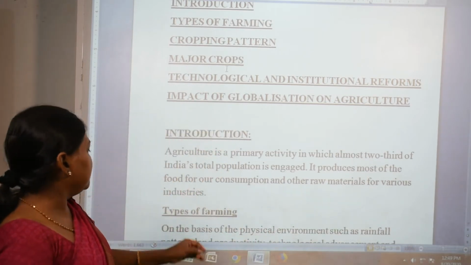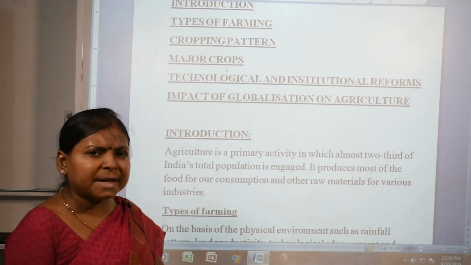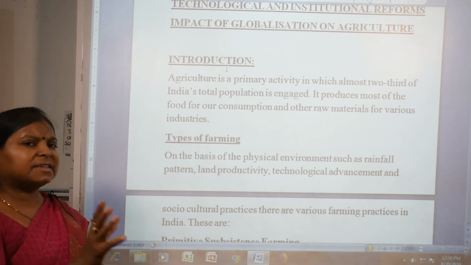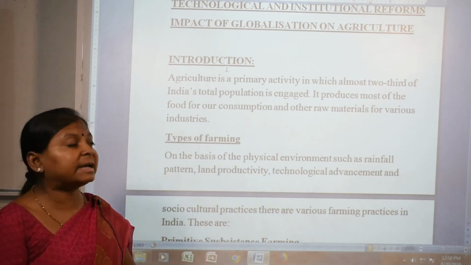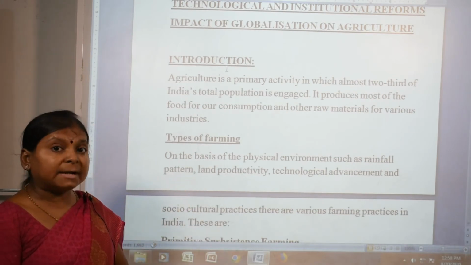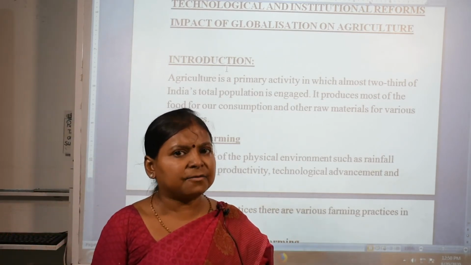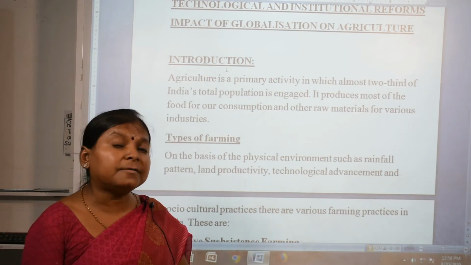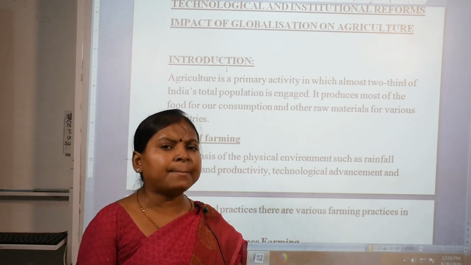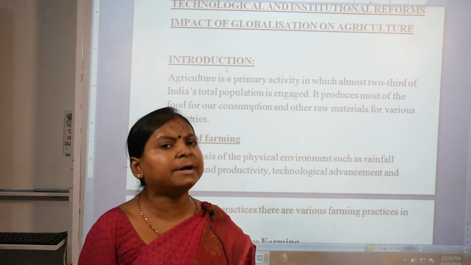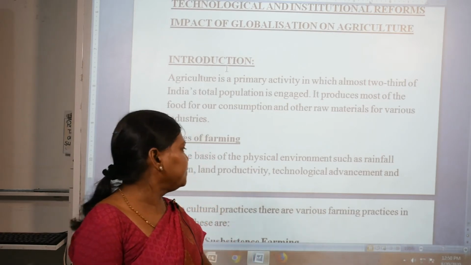So today, what are the different types of farming in India? Now you see, it is based on the physical environment, which is very important, like the rainfall pattern. Rainfall is not equal everywhere, it differs. Second, land productivity. Some parts have a good quality of soil, so production is high. Somewhere there is less quality of soil, so it is not proper.